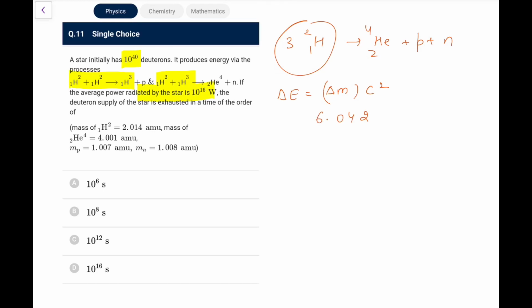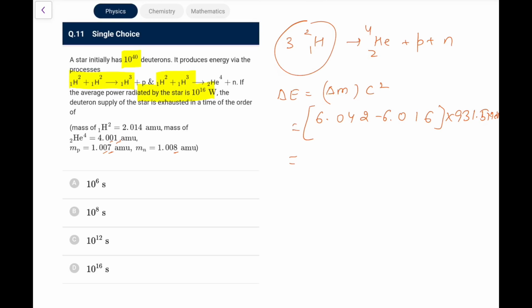This is 6.042 minus 4 helium plus the 3, so 1 plus 7, 8, 8 plus 8, 16, and this is 6. So 6.016, and C square is 931.5 MeV, which you typically write per U, so you will cancel.